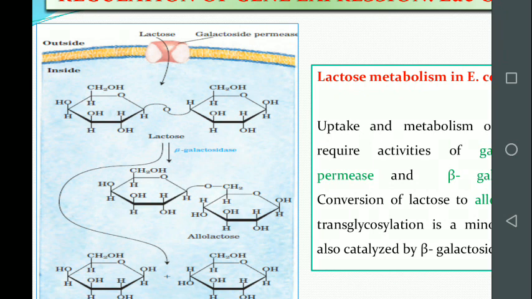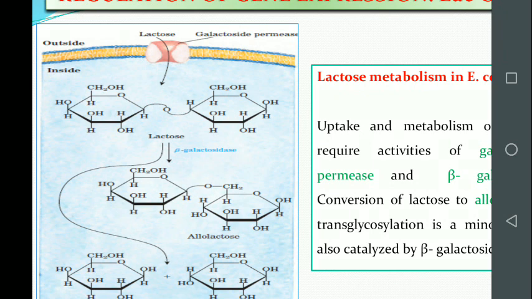There is an operon known as the lactose operon in E. coli. An operon contains a set of regulated genes, and that set of genes is essential for a particular metabolism.